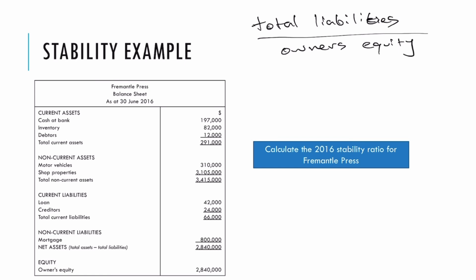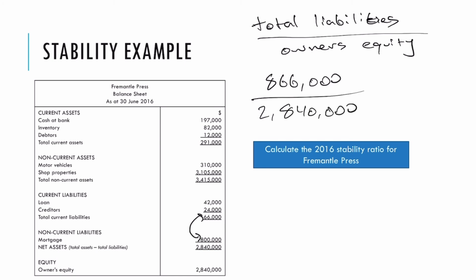Okay, now we can find these figures pretty simply. We need to do some addition for our total liabilities. So in any case, our total liabilities are going to be $866,000, and we're going to divide that by 2,840,000.